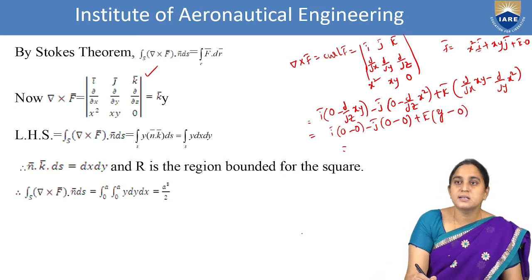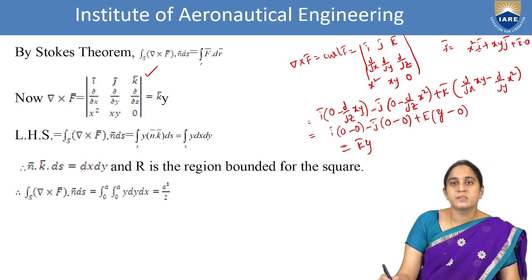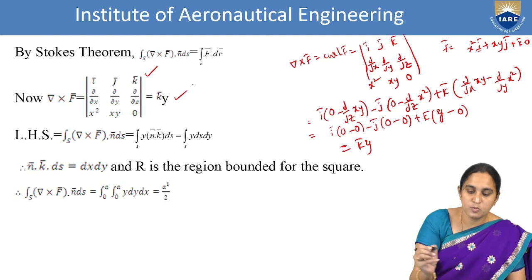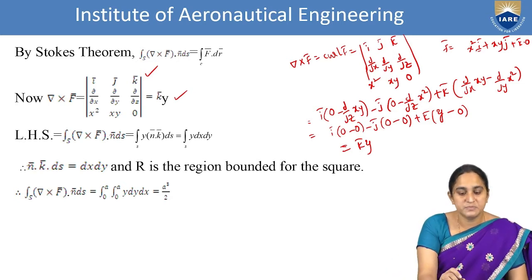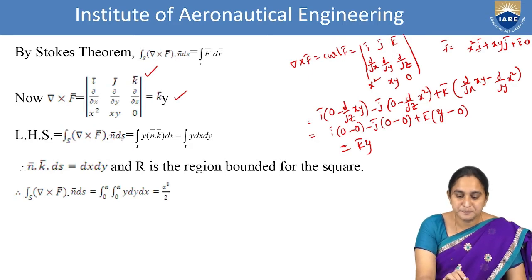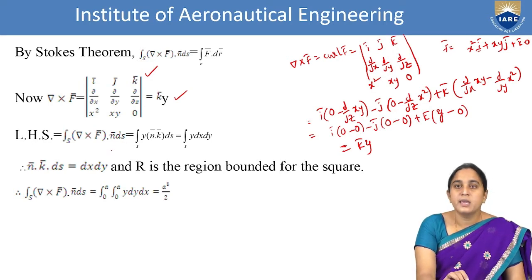Therefore, what about del cross f bar here? Del cross f bar is equal to k bar into y. Now I'll take the LHS part of the theorem, that is integral S del cross f bar dot n bar ds. Here what is the unit normal vector? Here the unit normal vector n bar is equal to k bar.